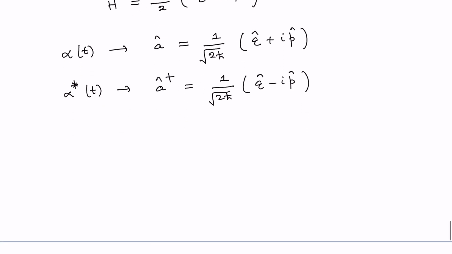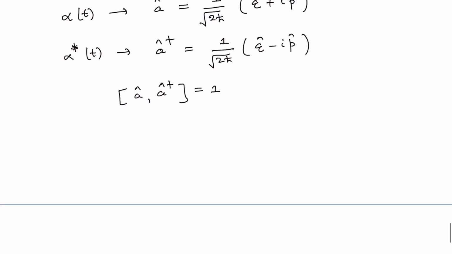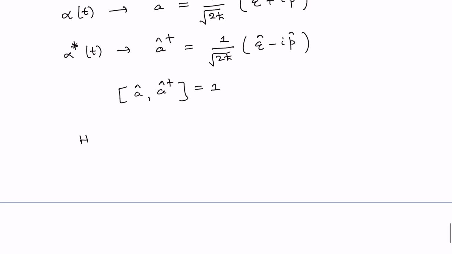And if you do that, you can immediately check that you are going to get the commutator of a and a dagger equal to 1. Okay, and from here you can write down the Hamiltonian in terms of the operators a and a dagger, in this form: h cross omega times a dagger a plus half.